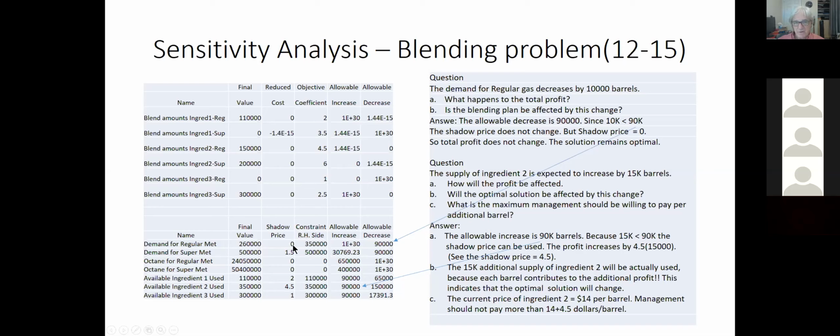So there will be no change in the total profit because you calculate the change in the profit as the shadow price times by how much the constraint has changed. Only the good news, the shadow price is zero. So there will be no change in the profit. And the profit is achieved by this blend. If the profit remains the same, the blend remains the same. And therefore, this blend remains optimal.